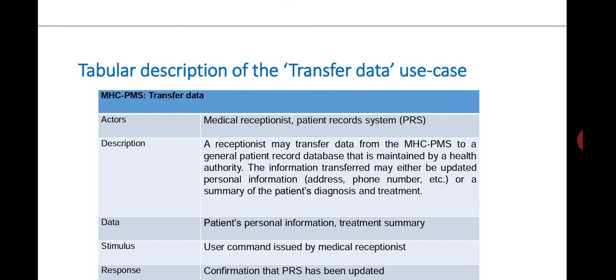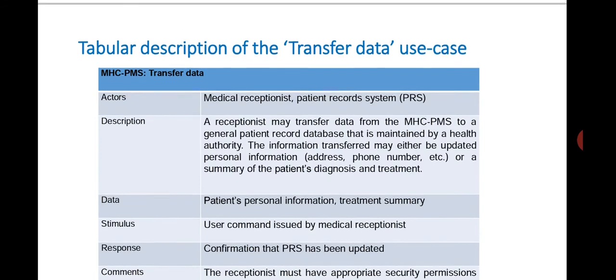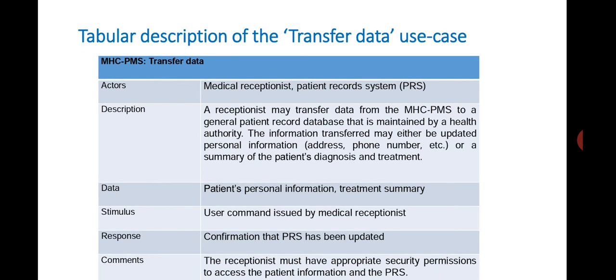Just an example that we have taken here. Our interaction here is transfer data. In this particular slide, we are going to explain how this tabular description is written. In our case, we have taken the example of transferring data in MSC-PMS. Every tabular description should come with some titles.